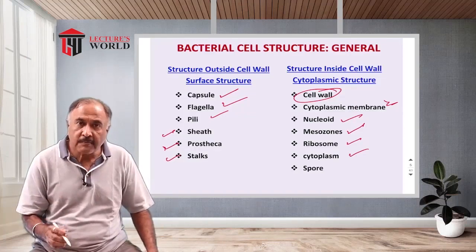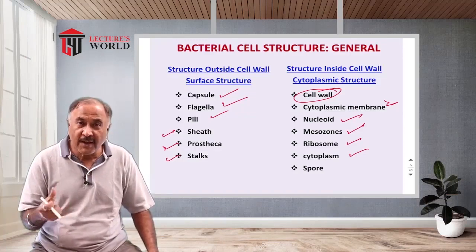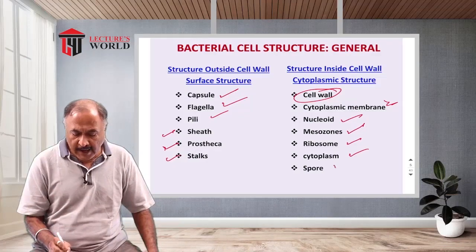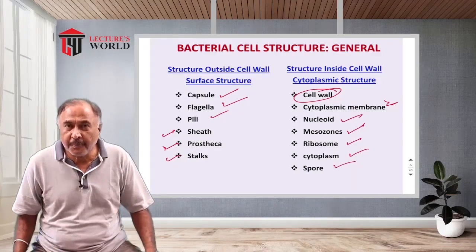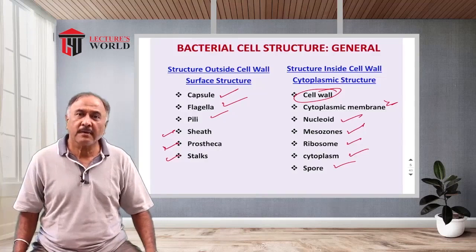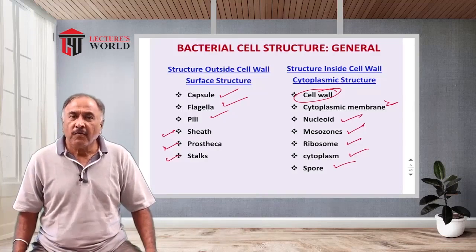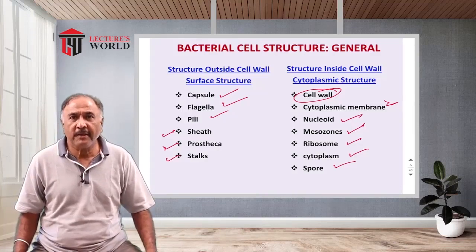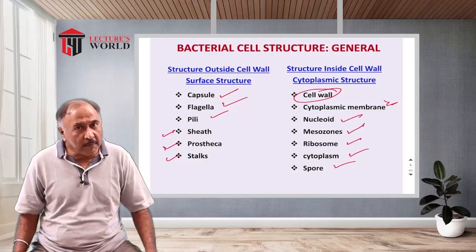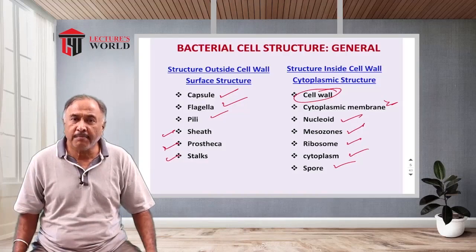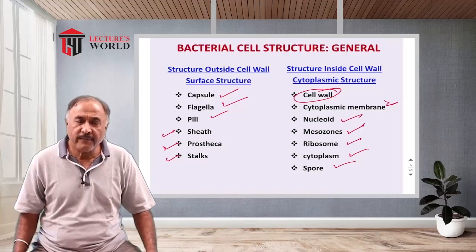It is a gel-like structure. And one specialized structure which is unique to bacteria, not found in all bacteria, but in a few bacteria like Bacillus, Clostridium, Sporolactobacillus, is a spore.